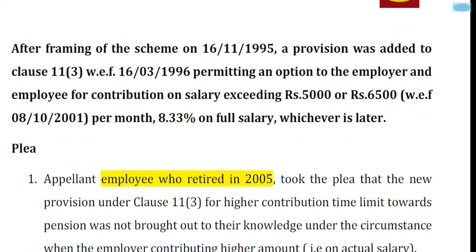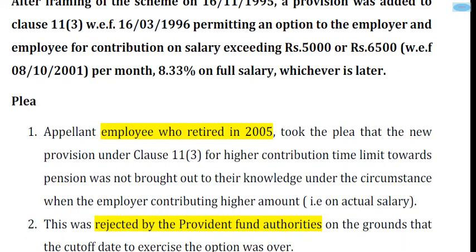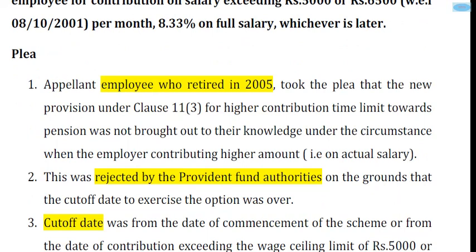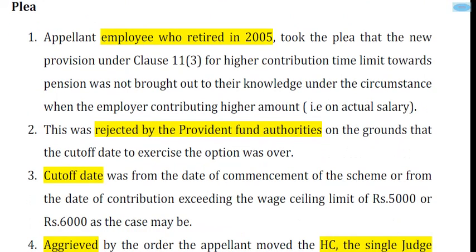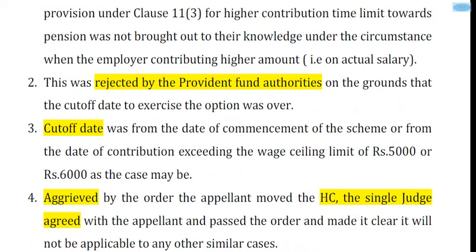What was the plea? The plea was from the employee who retired, R.C. Gupta, who retired in 2005. He took a plea that the new provision under clause 11.3 for higher contribution, the time limit towards pension, was not brought to his knowledge, even when the employer was contributing towards higher pension. This was rejected by the Provident Fund on the ground that the cutoff date was over, so he is not eligible.